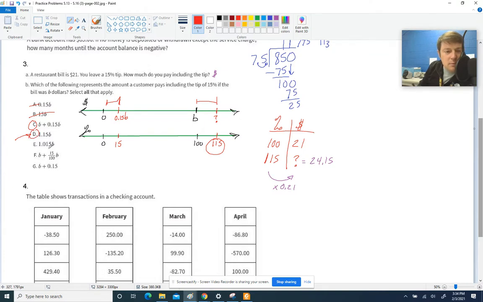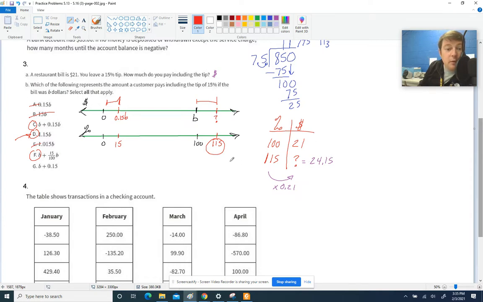This one doesn't make sense because that's 101.5%. That doesn't make any sense for it being that. This one's okay. They just put it in fraction form. You see how it's a full B plus 15 extra hundredths, right? 15 hundredths past the B. So that one makes sense to me. I don't like this one because this is B and just adding 15 cents. We didn't just add 15 cents. We added $3.15, right?